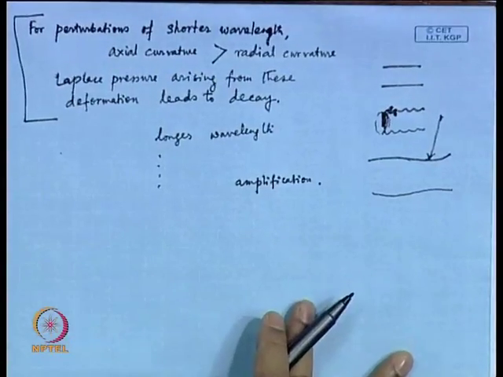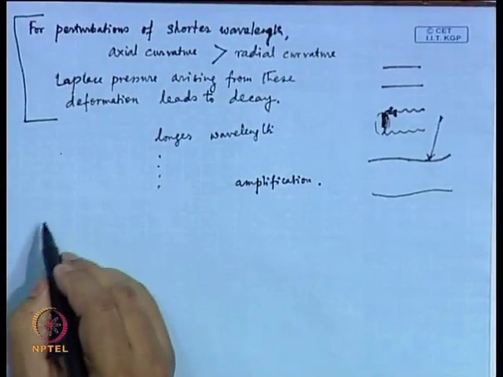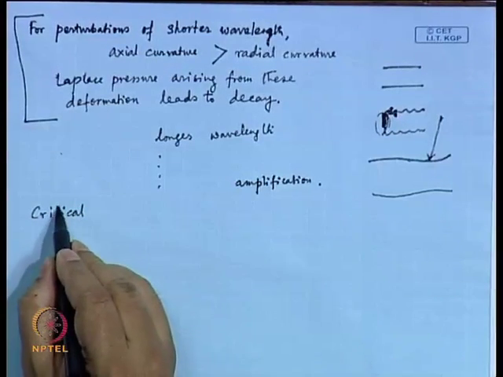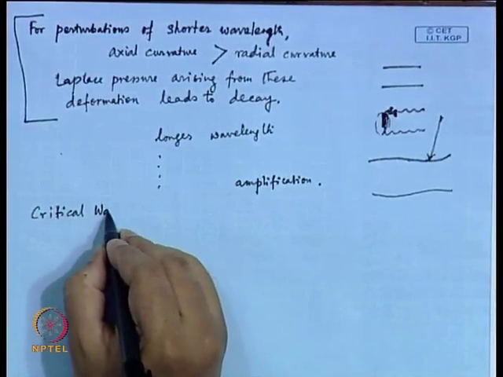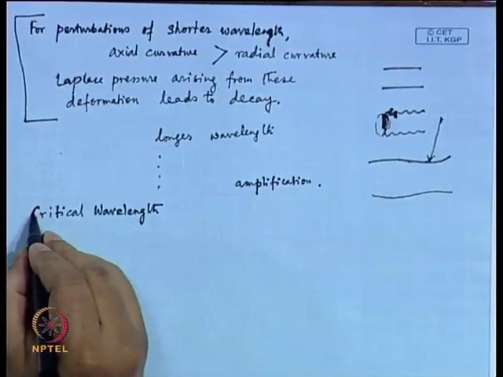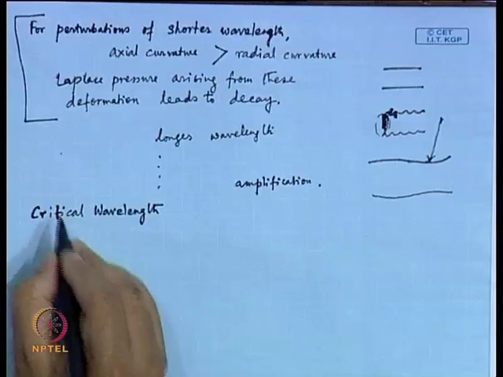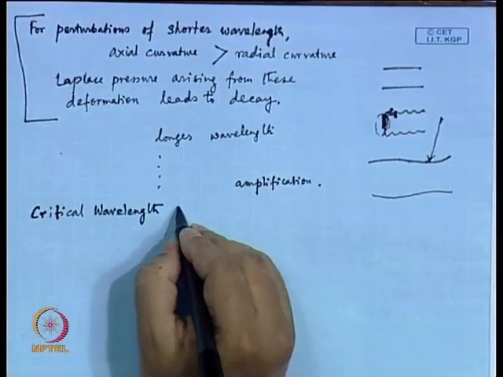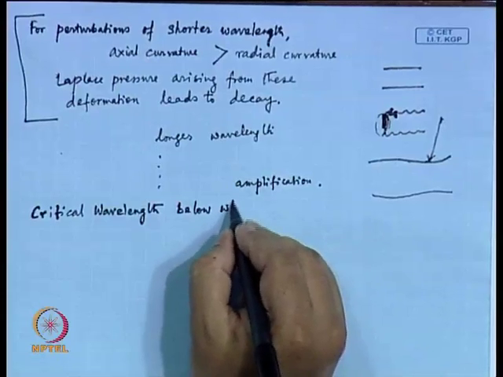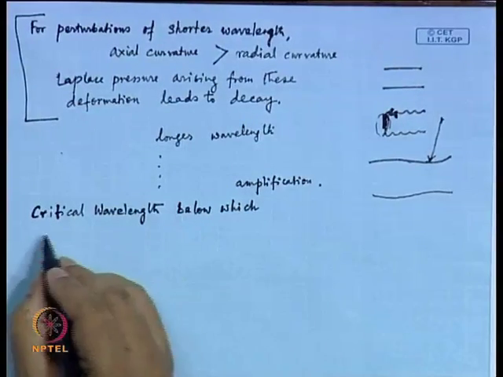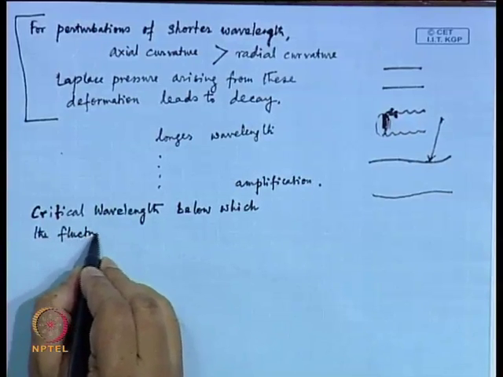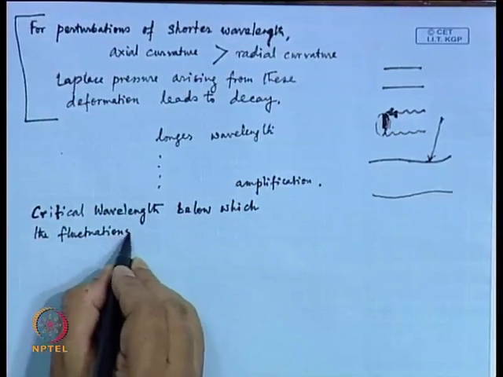So, in this case, there should be an existence of a critical wavelength, below which the fluctuations decay.